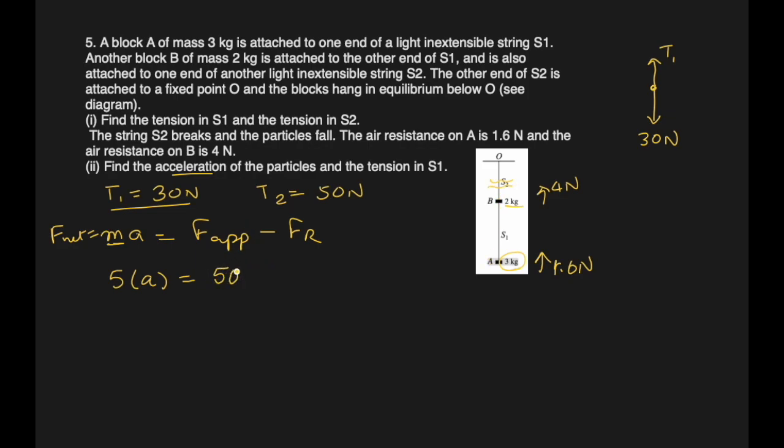So 50 newtons is the force downwards, and resistive force we just got, 4 plus 1.6, they are the resistive force. There is nothing else which is resisting it. So acceleration will be 50 minus 5.6 divided by 5, which will be, let me use my calculator.